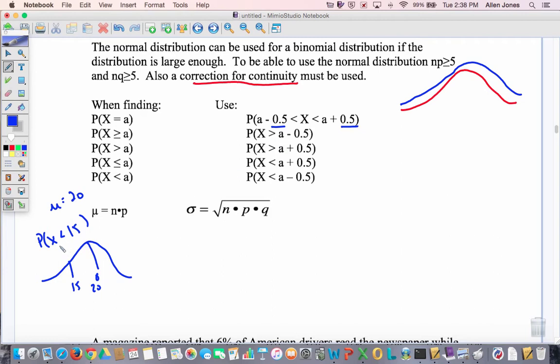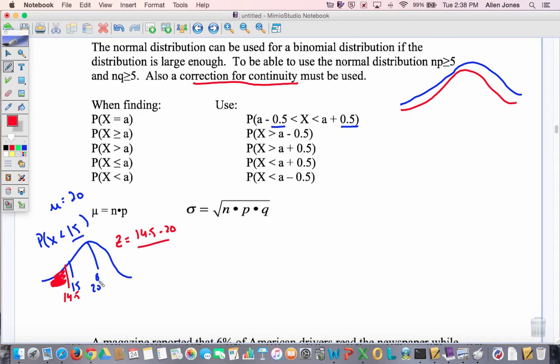X is less than 15 means I'm going to shade to the left. The question is, do I want 15 to be in my shaded area? Is 15 less than 15? Well, it's not. So to make 15 not be in my shaded area, I subtract 0.5, and there is my correction for continuity. When I calculate my z-score, I use 14.5 rather than the 15.